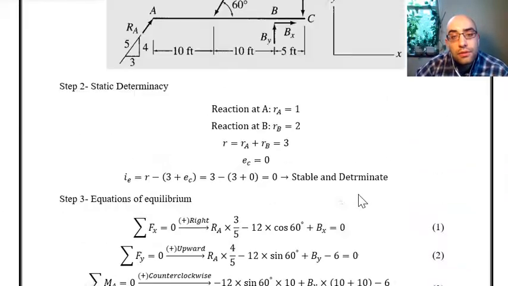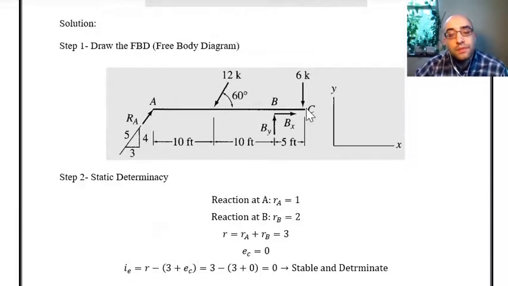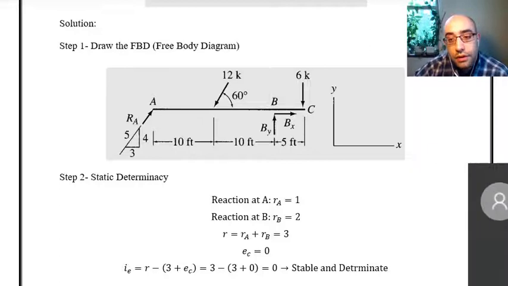So let's go back and look at this. This is point C, and I'm calculating the summation of moments about this point. As you can see, we have this RA. The x component does not create any moment about point C because the x component will cross the point, right?